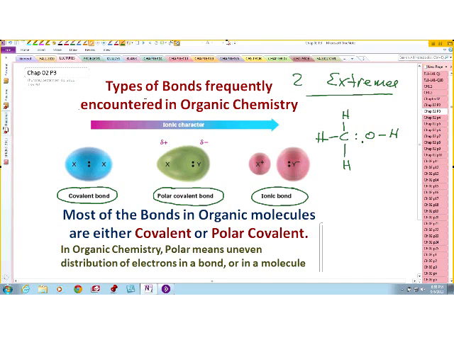That is not always the case. And therefore, we have what we call polar covalent bond.